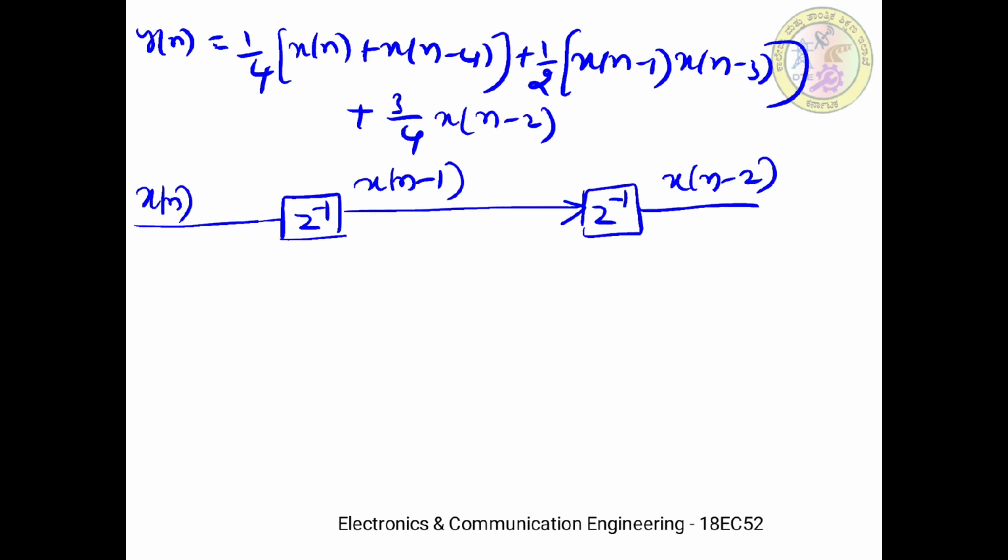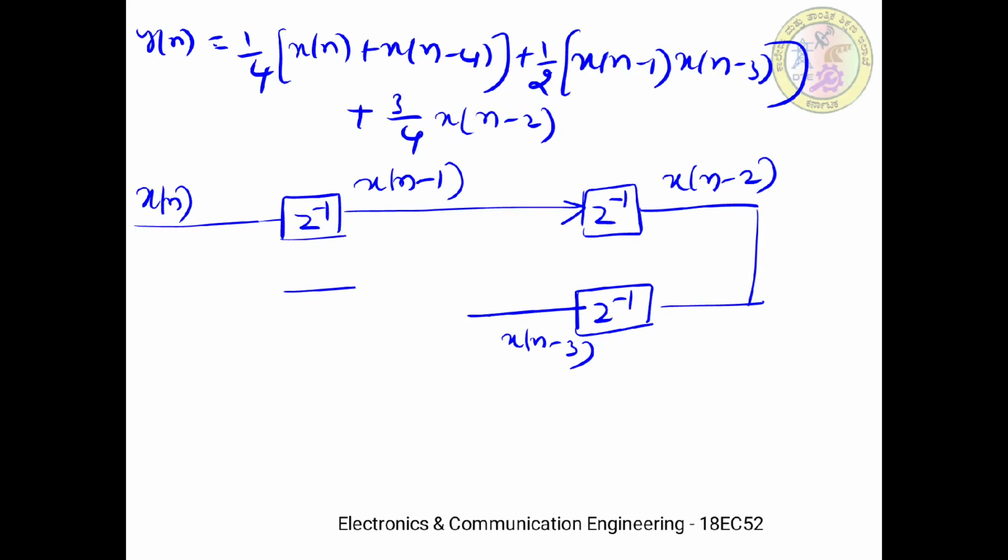When n minus 2 passes through one more delay, Z inverse, it gives x of n minus 3. Again when it is passed through one more delay, Z inverse, this gives x of n minus 4. So we have got the 4 terms. Now the only thing is they have to be added together along with multiplication with the relevant coefficient.